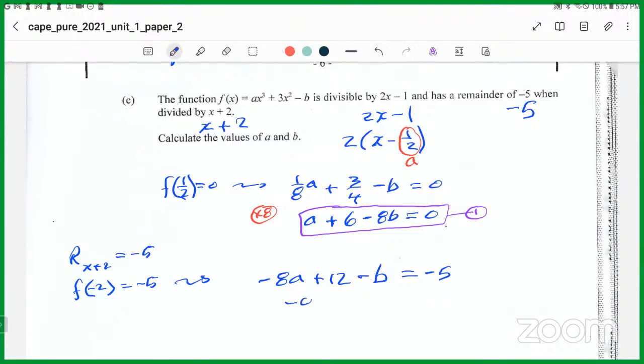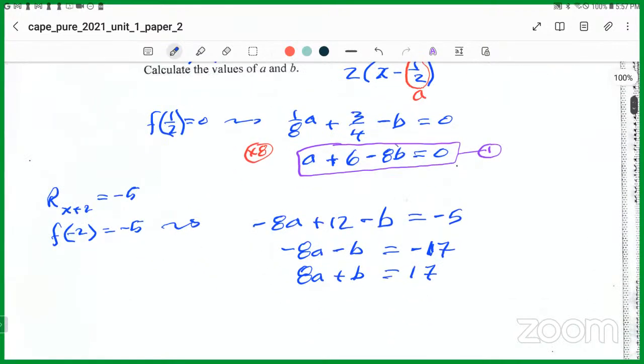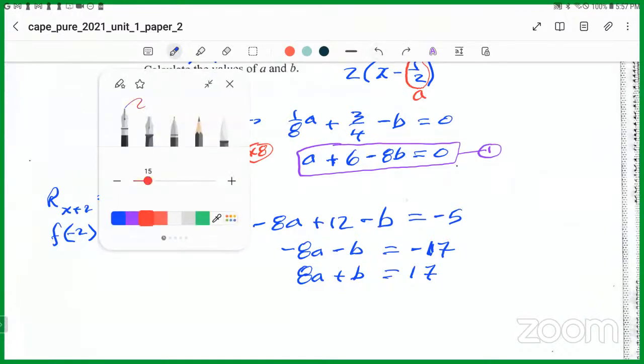So I'm getting minus 8a minus b equals negative 17. Make everything positive. 8a plus b equals 17. Then I can multiply by 8 to get this to be 8. Just like that. Multiply this one by 8.